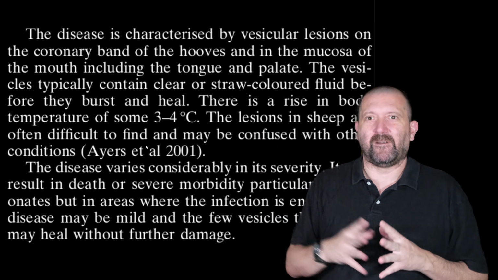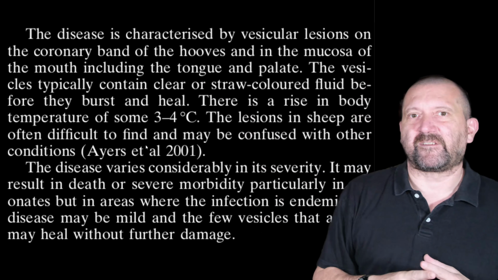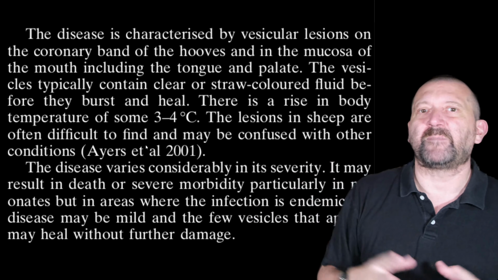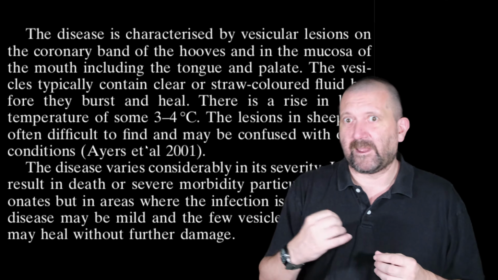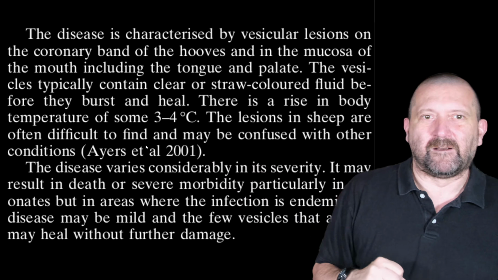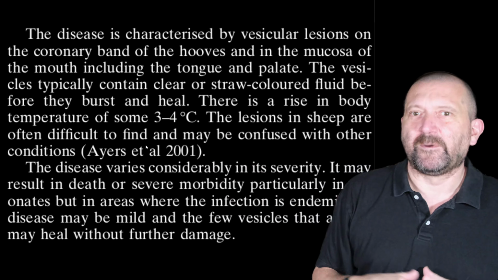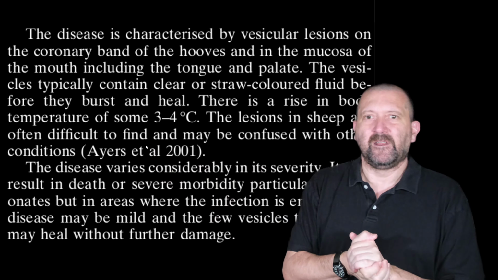The first thing is about symptoms. The disease is characterized by lesions on the coronary band of the hooves and in the mucosa of the mouth, including tongue and palate, typically containing clear or straw-colored fluid, and a rise of body temperature.